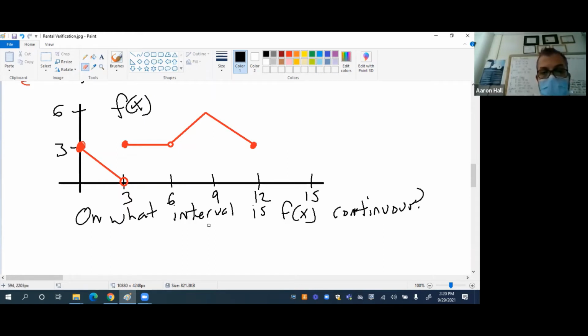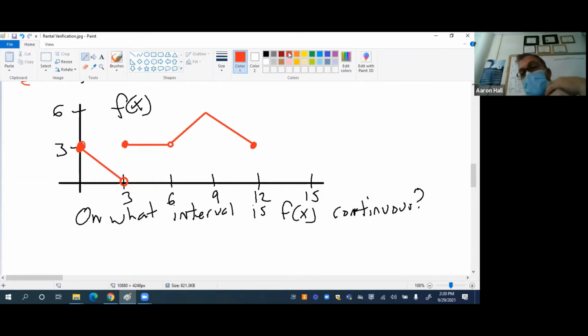When I talk about on what interval, am I going to describe the interval in terms of x or y? X, yep. I'm going to refer to this as my x value. So what are my intervals? You can see that there's going to be more than one, it looks like.